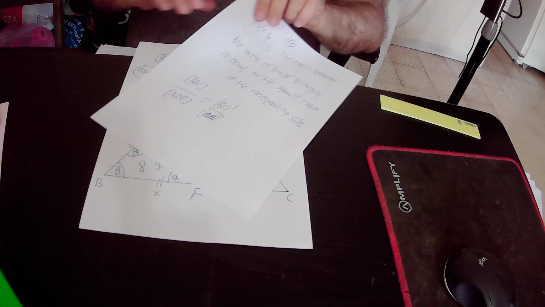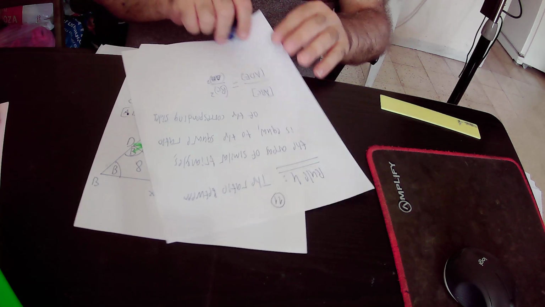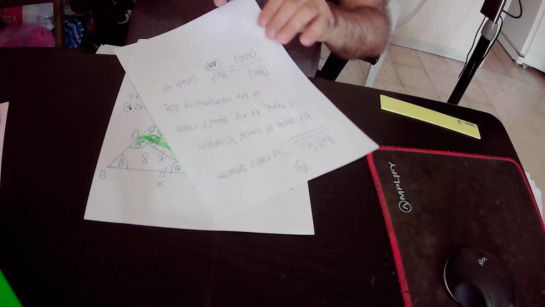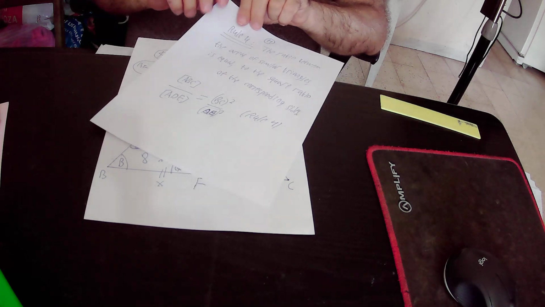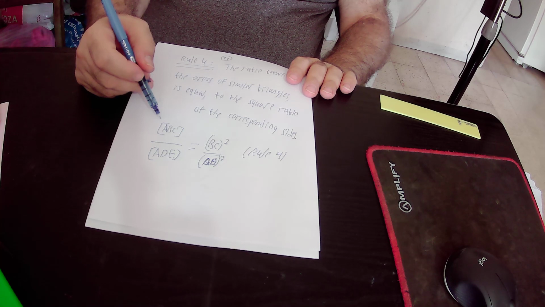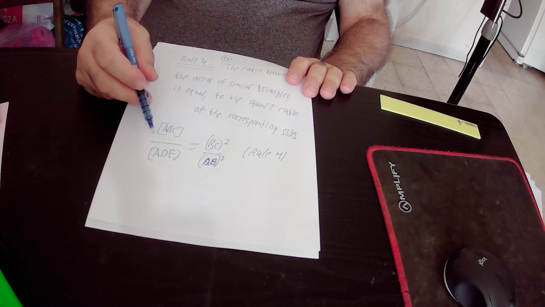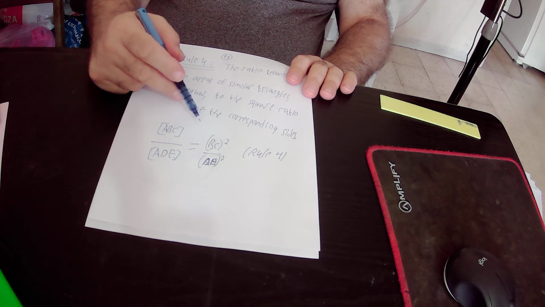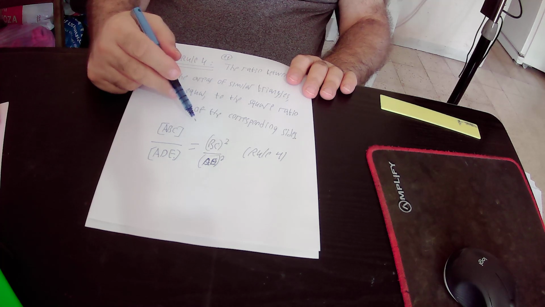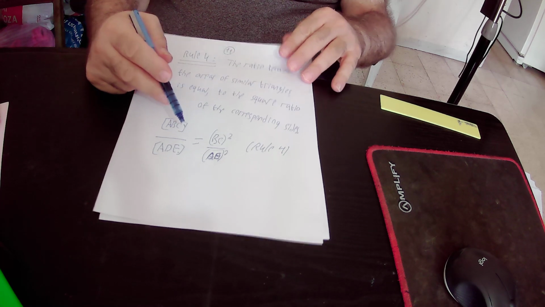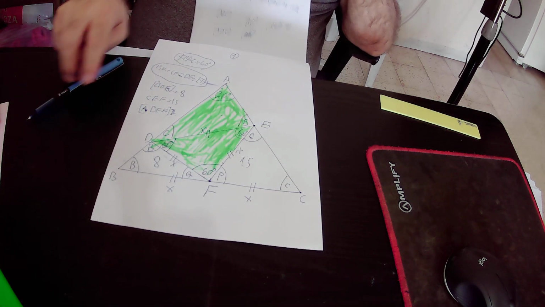Again, according to rule number 4, the ratio between the areas of the big triangle ABC and the small triangle ADE, which are similar triangles, is equal to the square ratio of the corresponding sides. That is to say, it is equal to BC square over DE square.